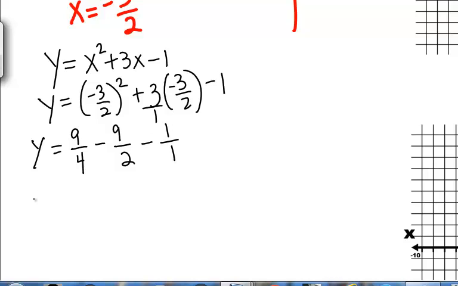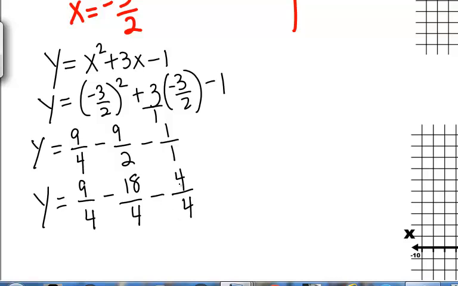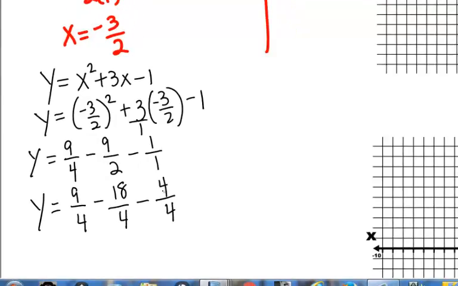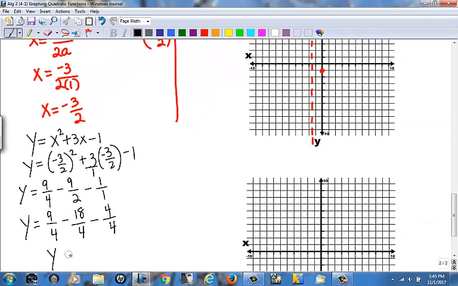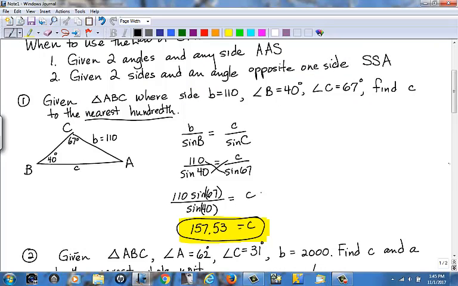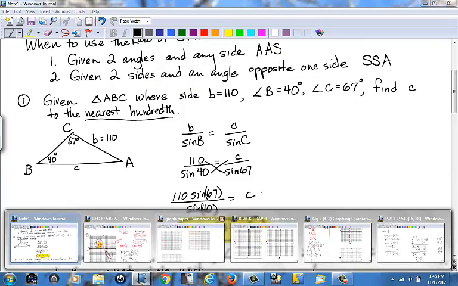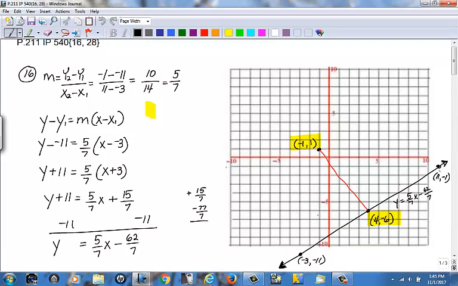Common denominator, 4. So it'd be 9/4. Multiply 2 by 2 to get 4, so multiply 9 times 2, that's 18. 1 would be 4/4. So 9 minus 18, negative 9, minus 4, you get negative 13 fourths.